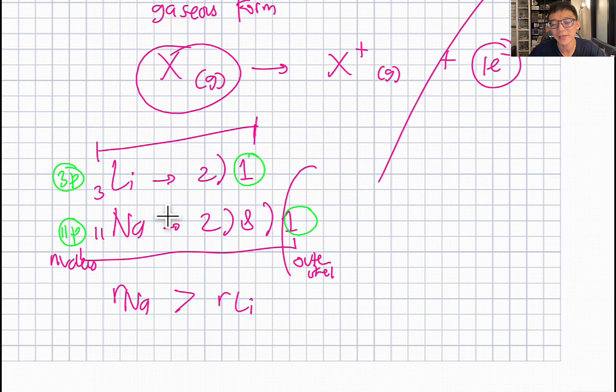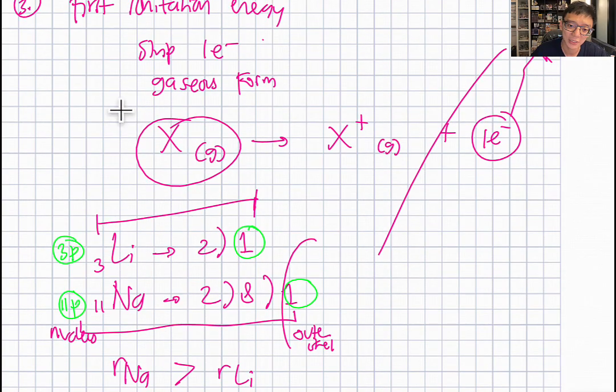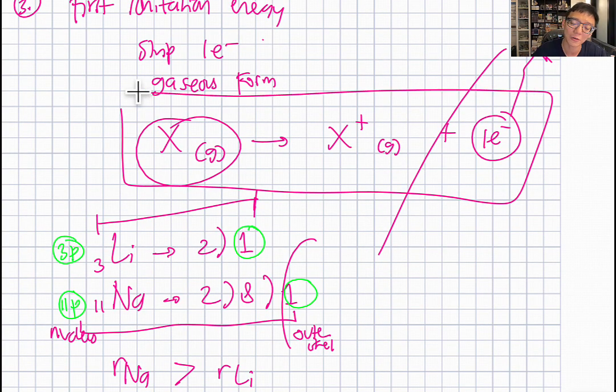There can be some variation, but the variation of ionization energy and successive ionization energy is HL level material. We will discuss that in a separate video, but for SL, what is important is just for you to know that ionization energy is the energy associated with stripping one electron away from a gaseous atom.